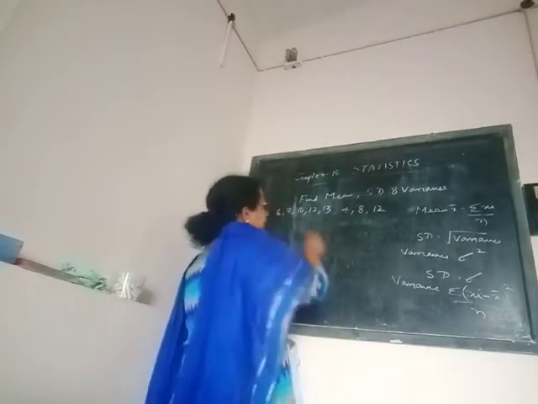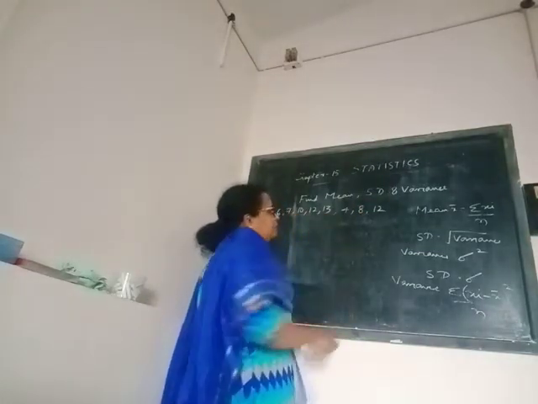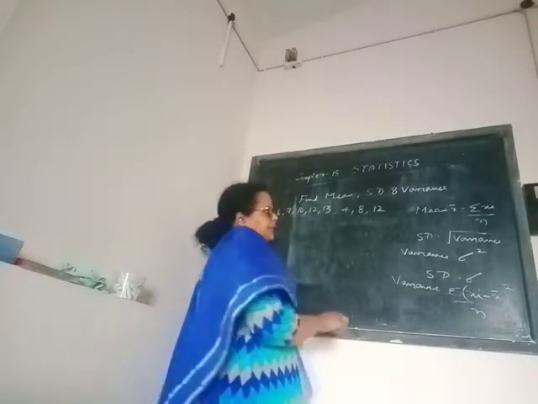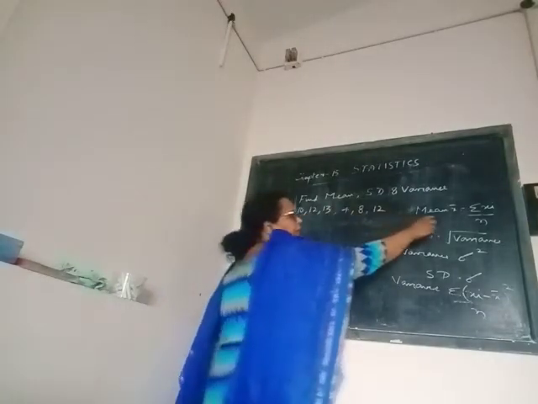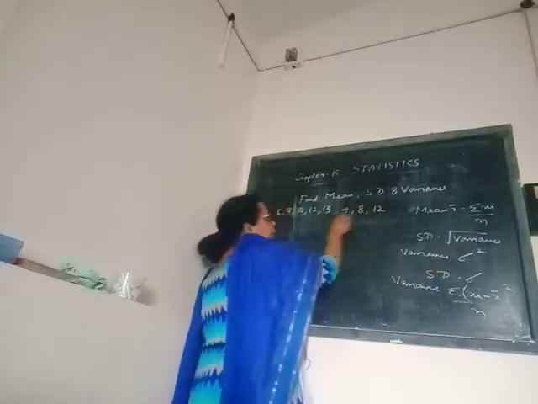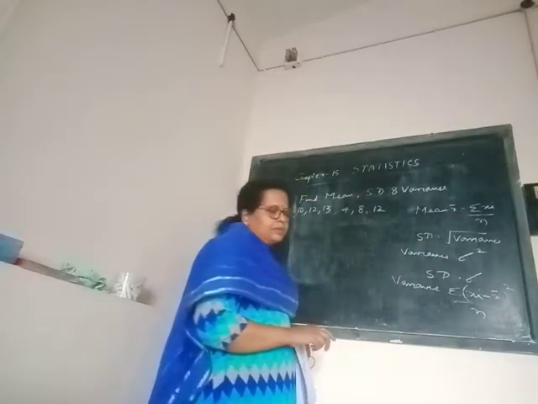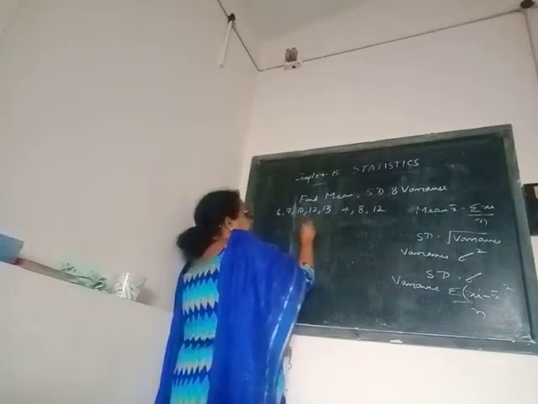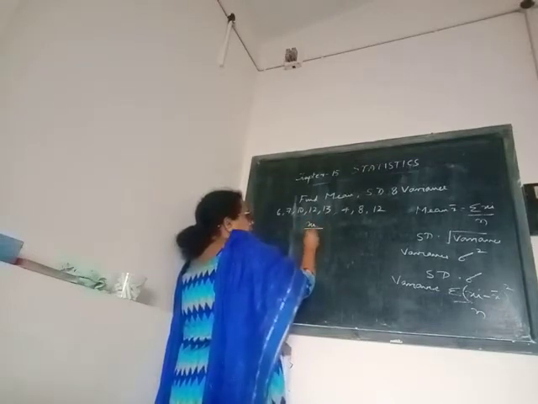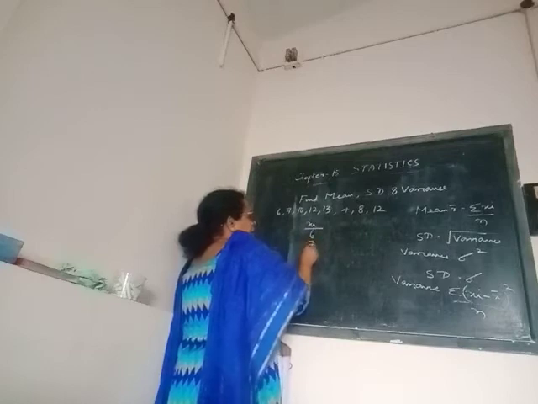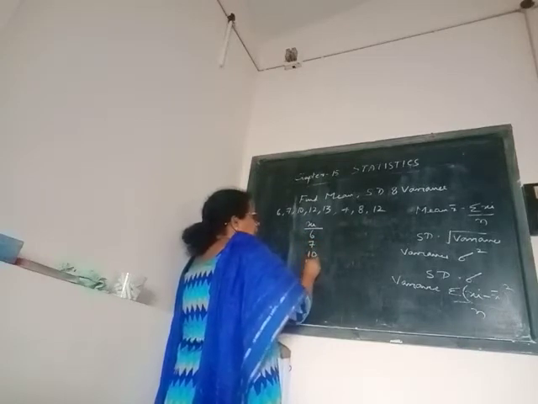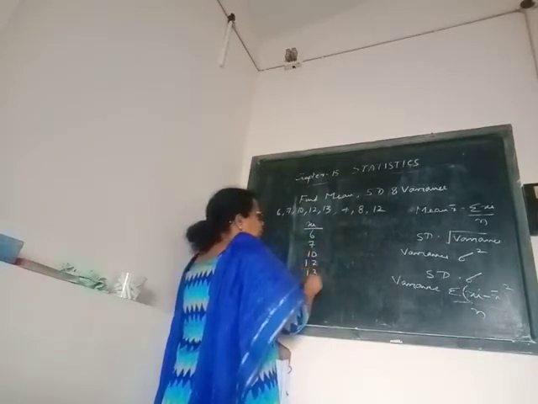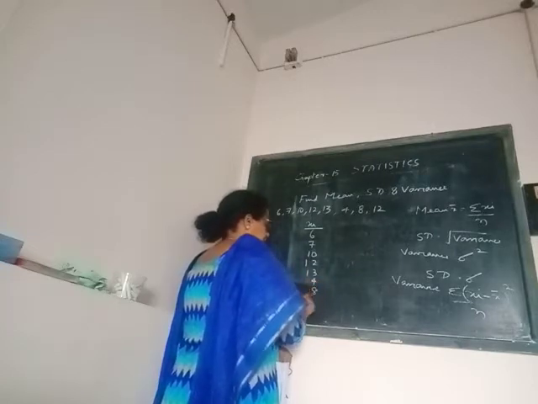How to find? These observations are called xi's. So, what is mean? Sigma xi means sum of all observations. Let us write in a column and do easily. So, what are xi observations? 6, 7, 10, 12, 13, 4, 8, 12.